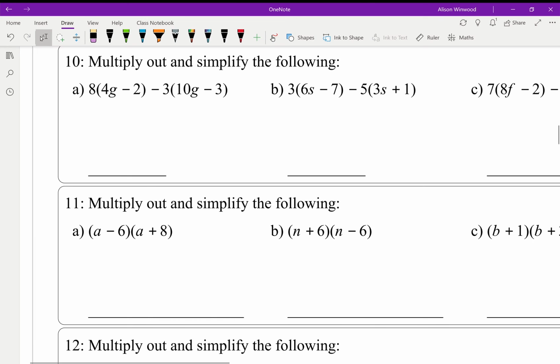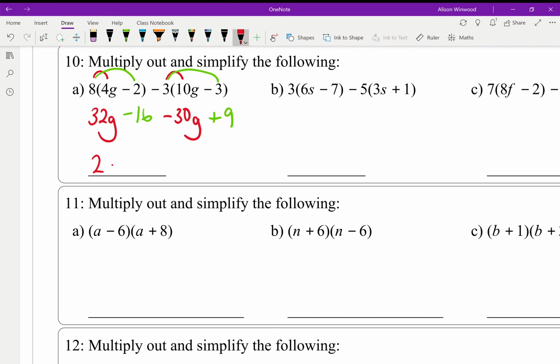I've got to be slightly more cautious when I have negatives, so 32g subtract 16, then negative 30g and positive 9.